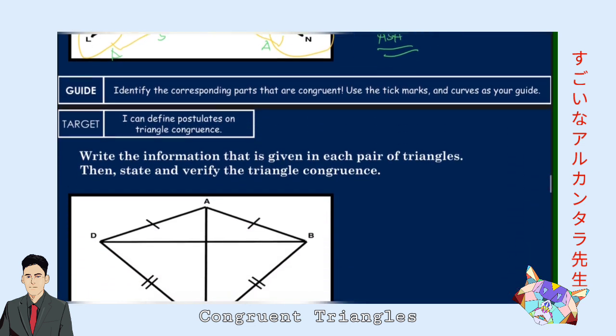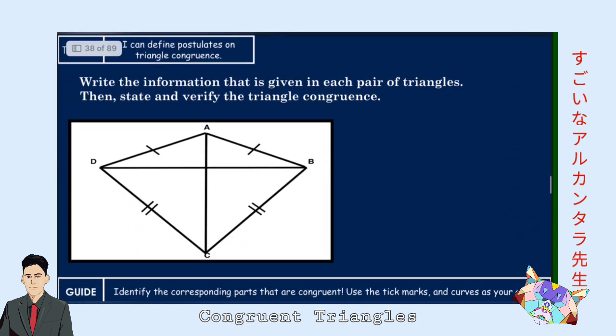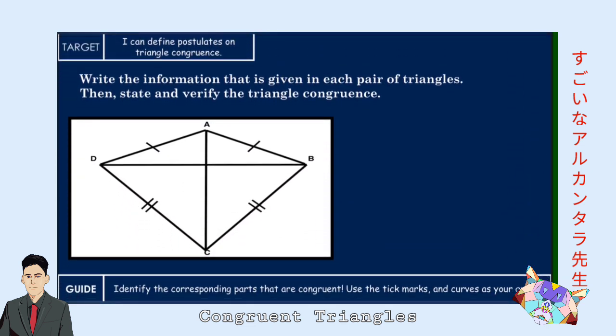Let's have one more. This one is like earlier, but you don't have to overcomplicate it. Let's say that we have triangle ADC congruent to triangle ABC. So we have AD congruent to AB. We have DC congruent to BC.